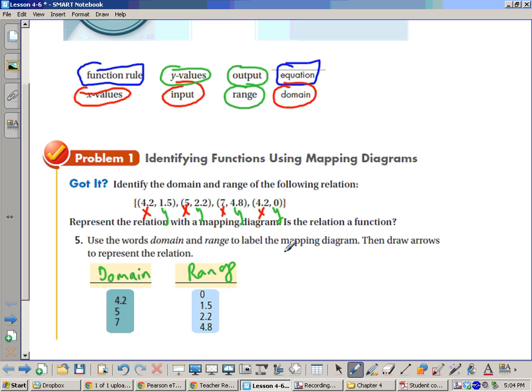So we're going to do what's called a mapping diagram by drawing arrows that connect numbers to their relation. So 4.2 will go to 1.5, and it goes to 0. And then 5 goes to 2.2, and 7 to 4.8.